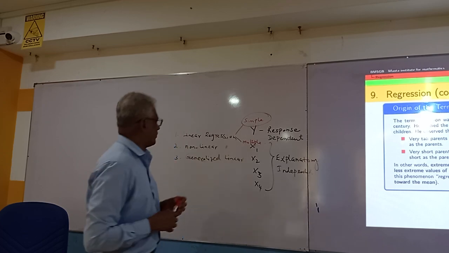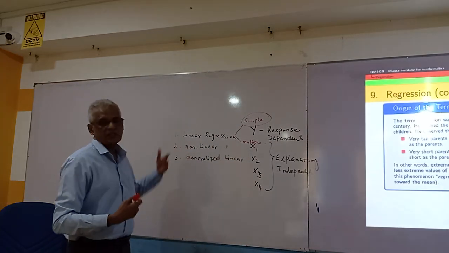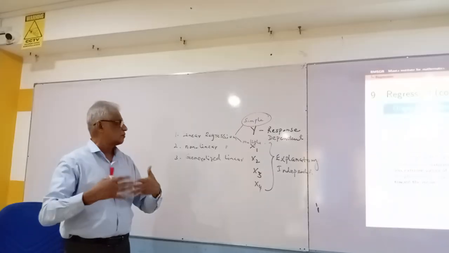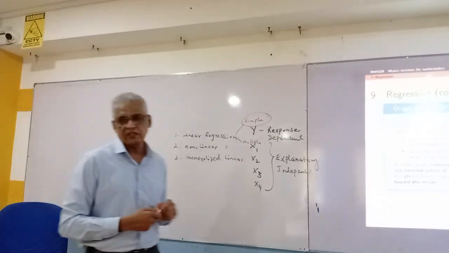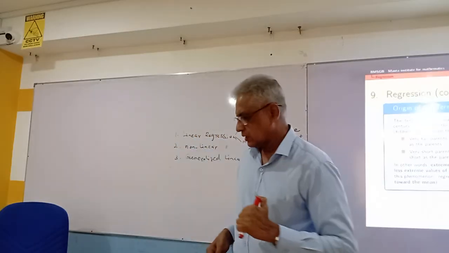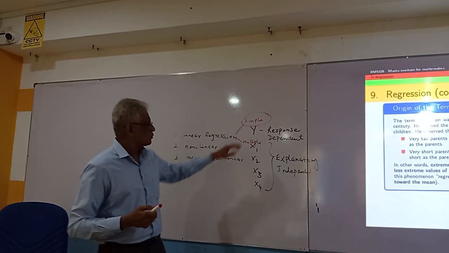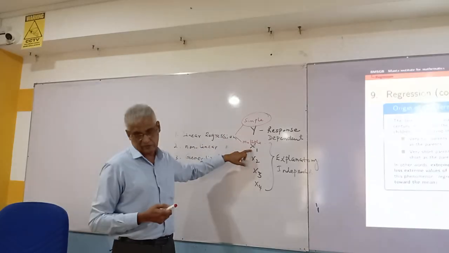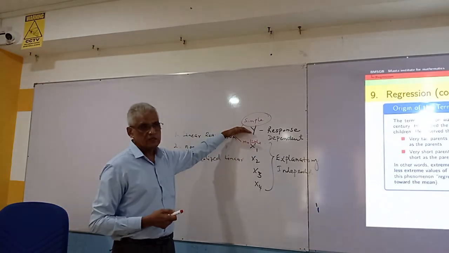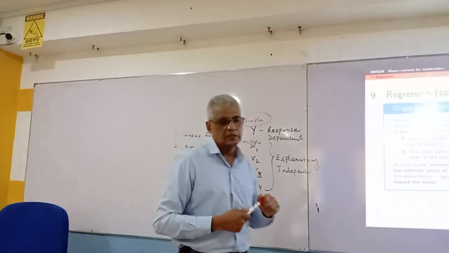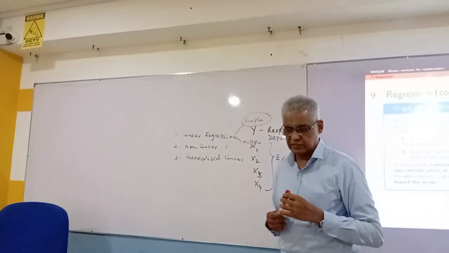Most of the applications are in multiple linear regression, non-linear and generalized linear, but as a building block to understand what we really do, simple linear regression is useful. In simple linear regression, you have a response y and only one x, not several x's. And this y is usually a numerical variable, mainly a continuous variable.